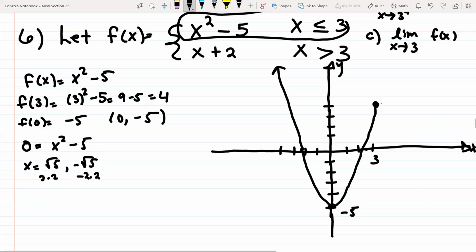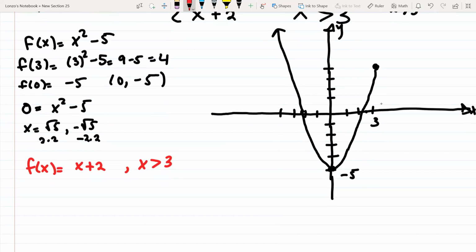Let me use another color. So let's graph f of x equals x plus 2, where the boundary is x greater than 3. So that is a linear line. What do we know about this line? Let's figure out what the y value is when x is 3.